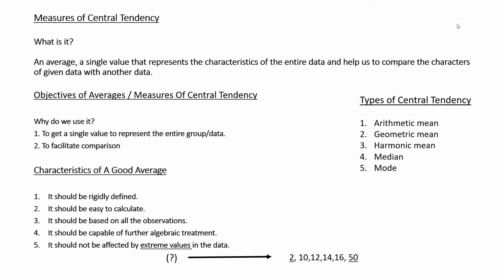Now, again, let us think about why we need a single value. We can just put all the marks of all the students, but don't you think that it will be clumsy and not very easy to understand when we list all the marks of all the students, and then we cannot just say that the average percentage or the overall percentage is 60%.